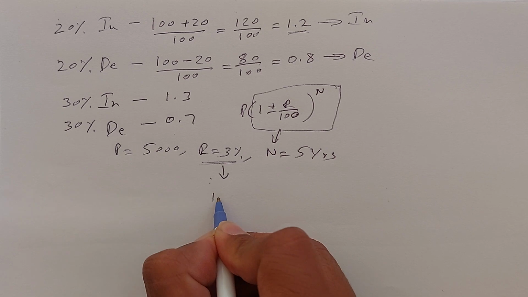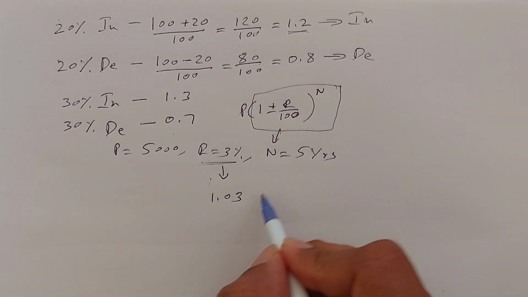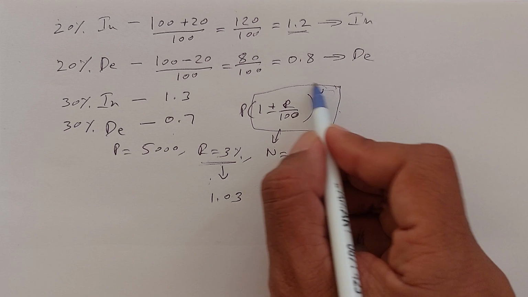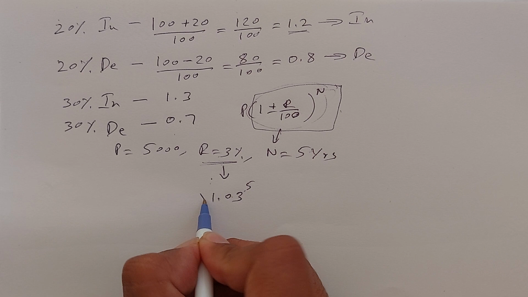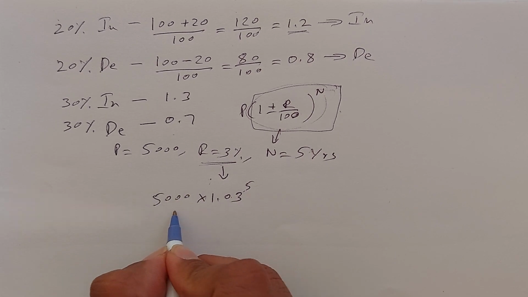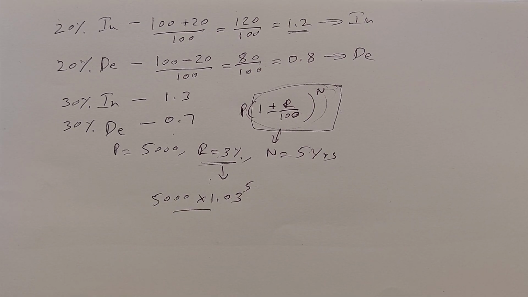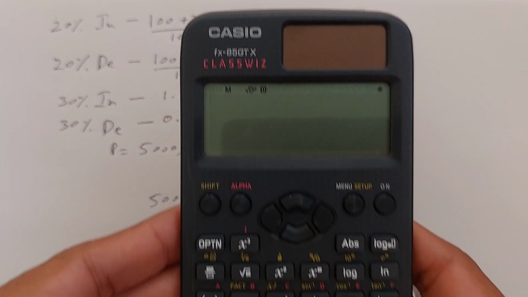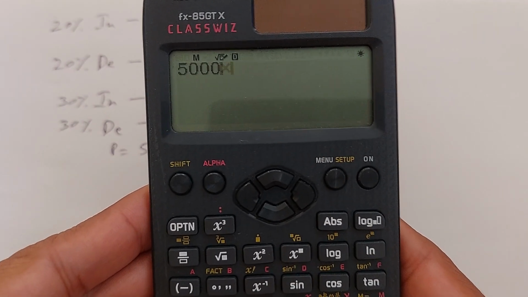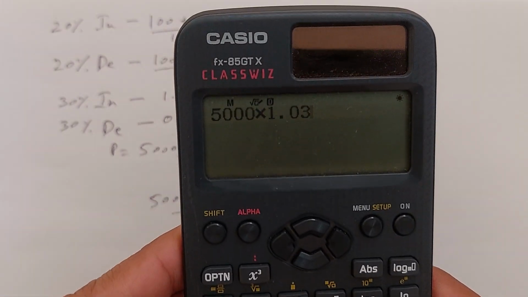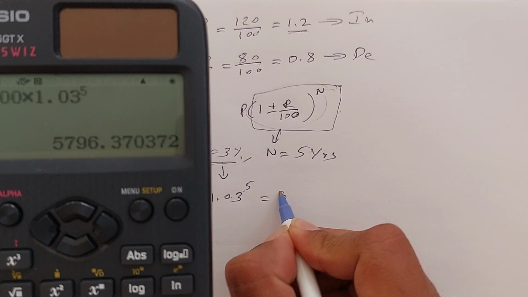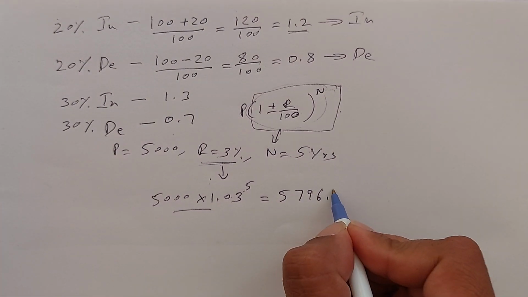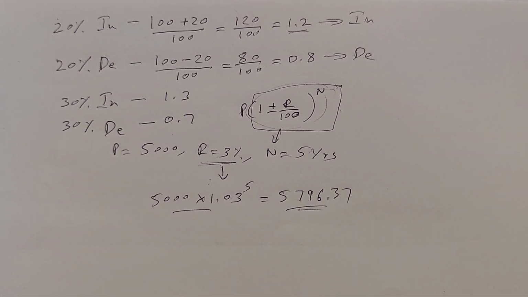That will become 1.03. This whole lot is gone, and the power 5 years, 5 goes on top, times 5,000. So it's 5,000 times 1.03 power 5. That's our answer: 5796.37. Easy.